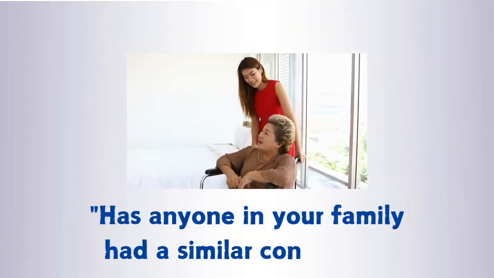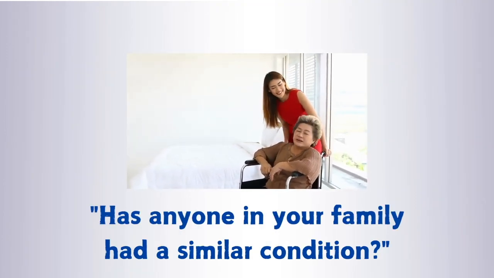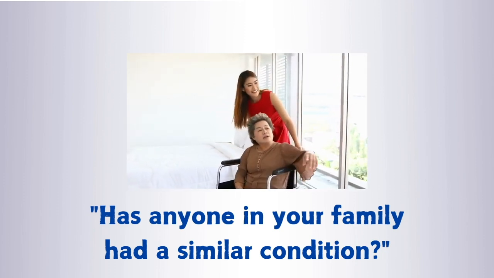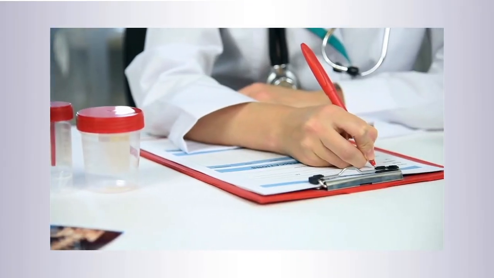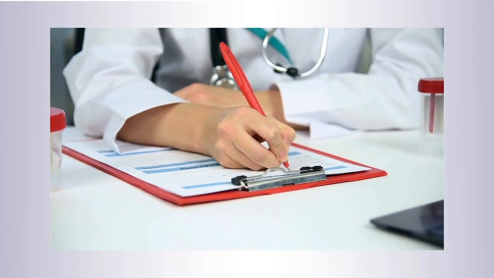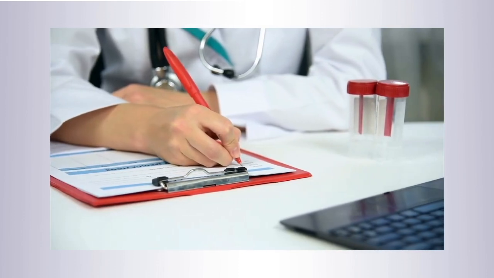Has anyone in your family had a similar condition? Family history is important, especially in cases of hereditary conditions. Getting a full picture of the patient's medical history and lifestyle ensures you don't miss any important details in your diagnosis.